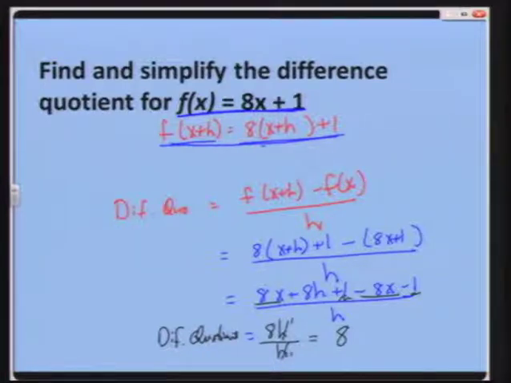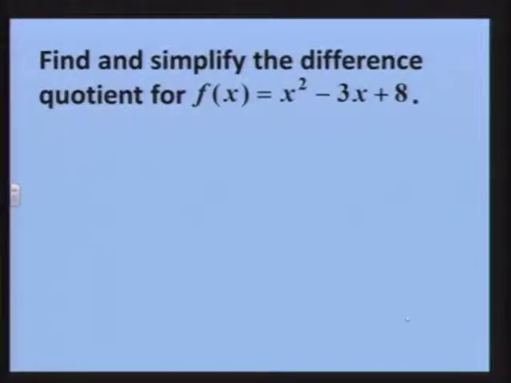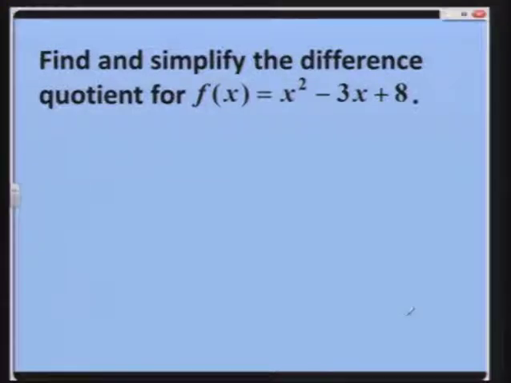All right, ready to do another one? We want to find and simplify the difference quotient for f of x equals x squared minus 3x plus 8. So starting out like we did before, we need the f of x plus h. So empty parentheses squared minus 3 times empty parentheses plus 8.